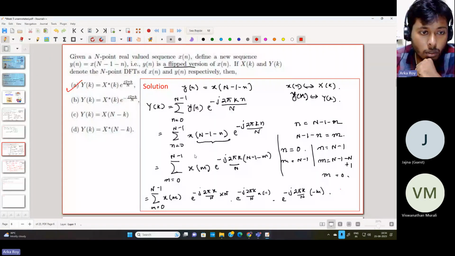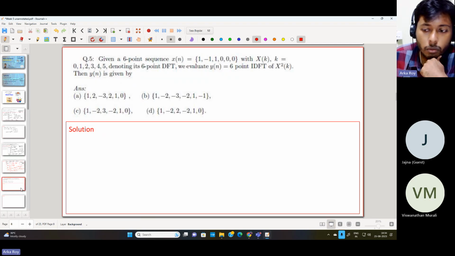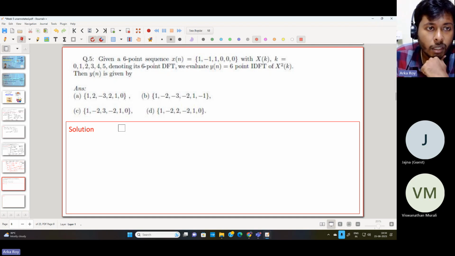Okay. So the second question, the final answer is this one, option A. Okay, let's move on to the third question. So the third question is basically x of n. Let me change the color.